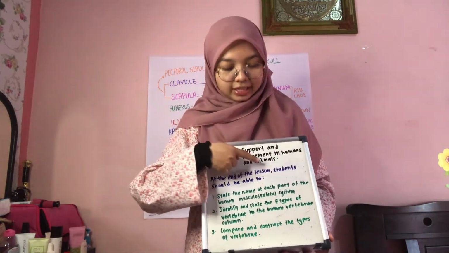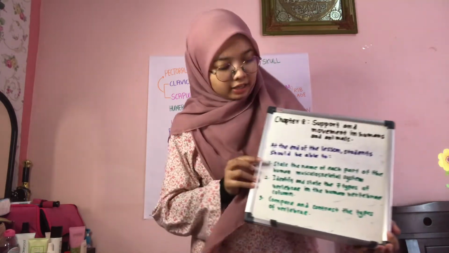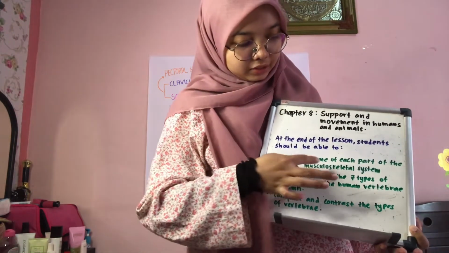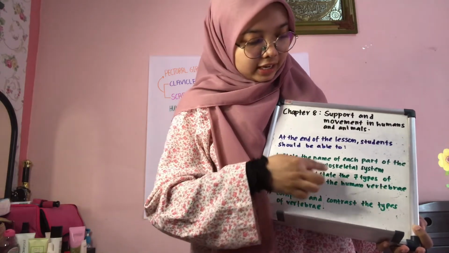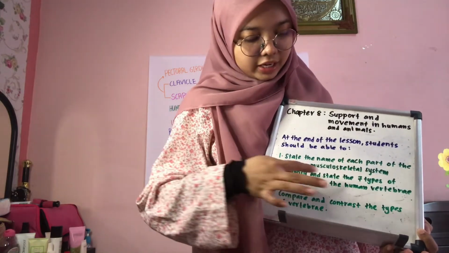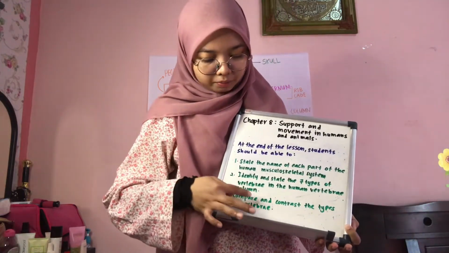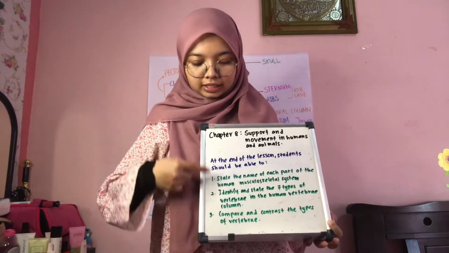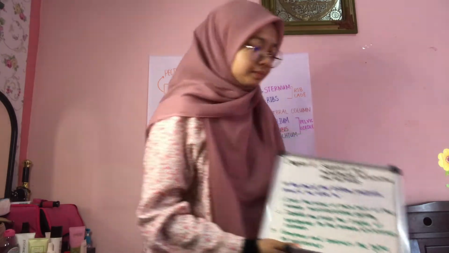At the end of the lesson, students should be able to: first, state the name of each part of the human musculoskeletal system; second, identify and state the 7 types of vertebrae in the human vertebral column; and third, compare and contrast the types of vertebrae. These 3 are the learning outcomes for today.